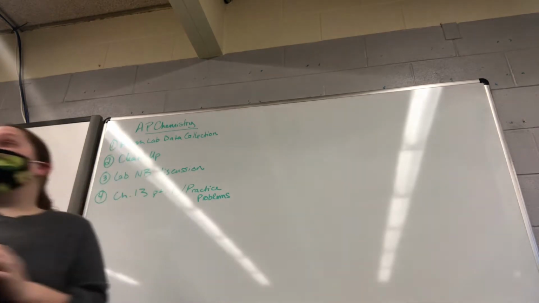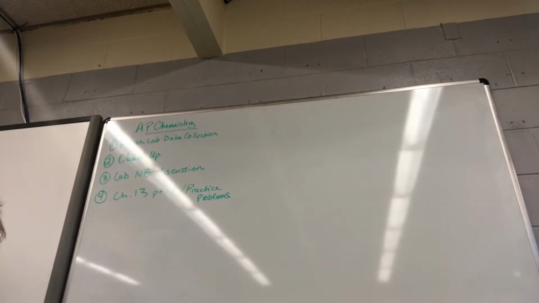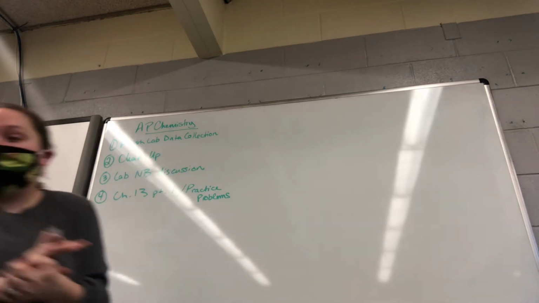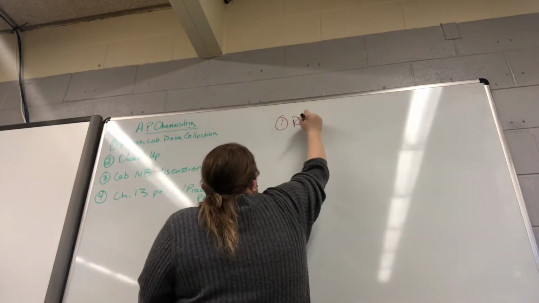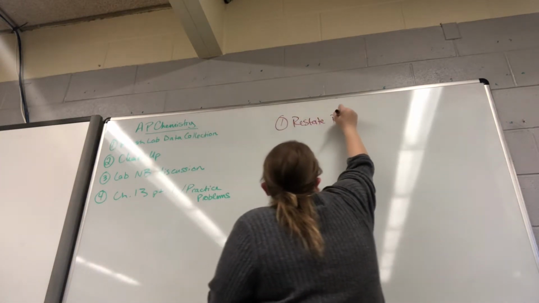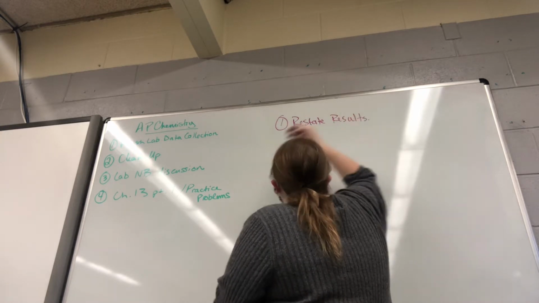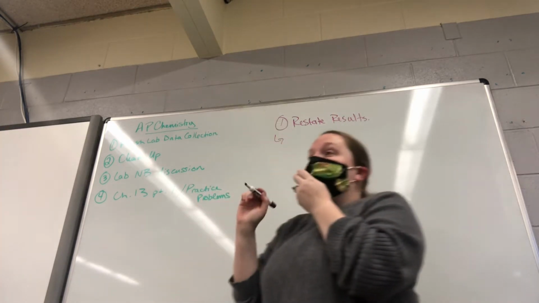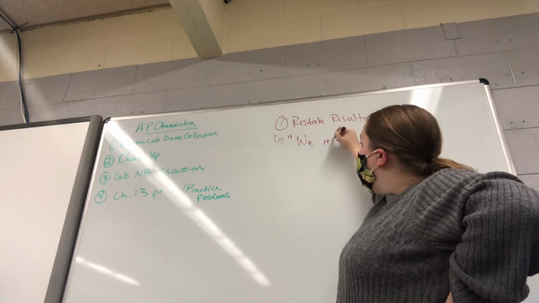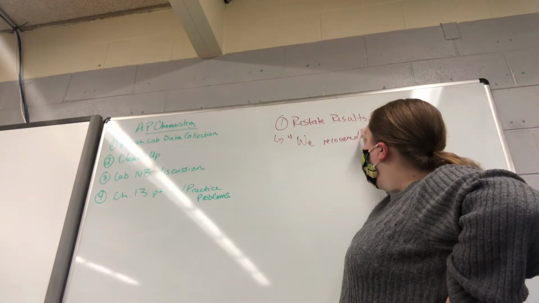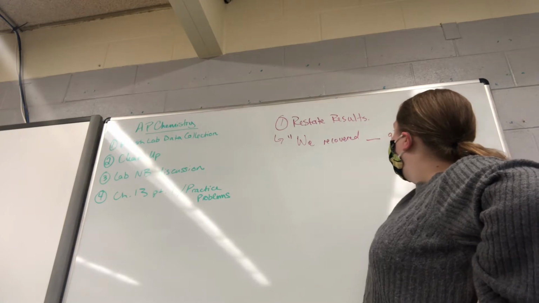So first things first, when it comes to writing a good lab conclusion, the very first thing you should always be working on is restating your results. This means you're going to write phrases like, we recovered blank grams of benzoic acid.